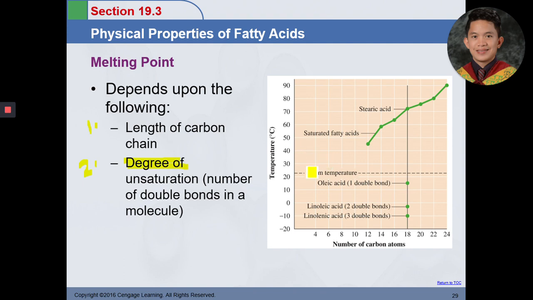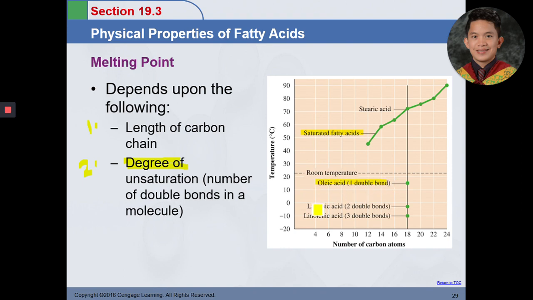Now, if we take a look at this illustration right here, this graph, on the y-axis is the temperature, whereas on the x-axis is the number of carbon atoms. So we can see from here nga saturated fatty acids have higher melting points than unsaturated fatty acids.